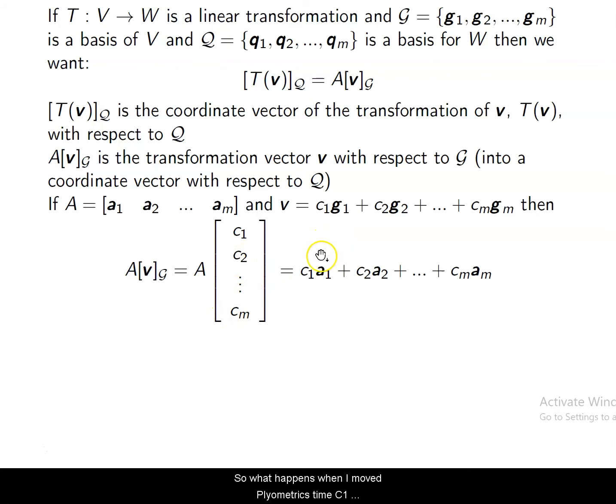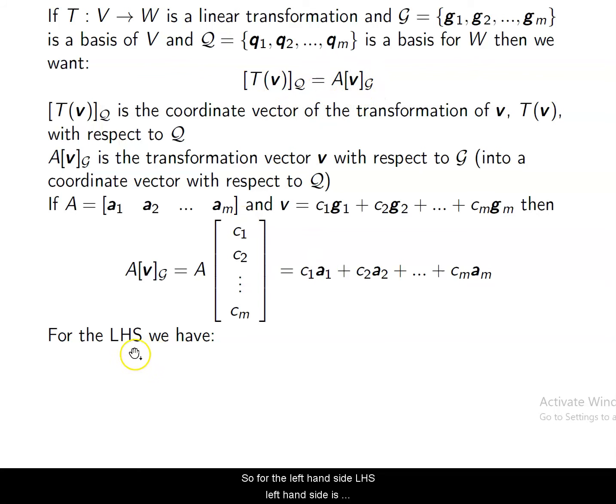What happens when I multiply a matrix times C1, C2, what have you, is I'm really just writing a linear combination of the column vectors that make up this matrix. So this right-hand side is really just C1 times this column vector plus C2 times this column vector plus so forth and so forth. That's a breakdown of the right-hand side.